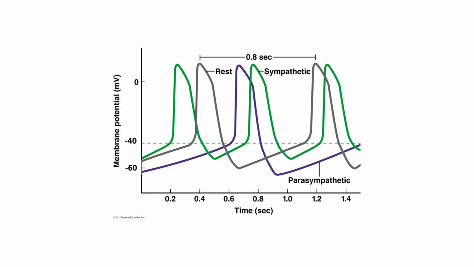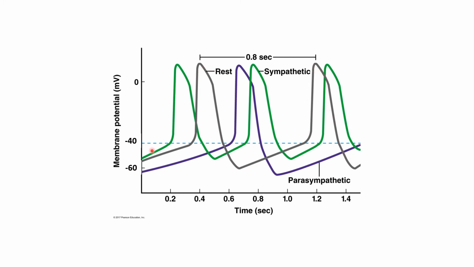So now we can put this whole thing together. If you've got your typical nodal pacemaker cell, this gray one is going to be our series of action potentials. It's going to take about 0.8 seconds to go from one to the next. If we look at the sympathetic system, in this green one, we're getting about 3 different action potentials for every 2 of the normal, typical ones.